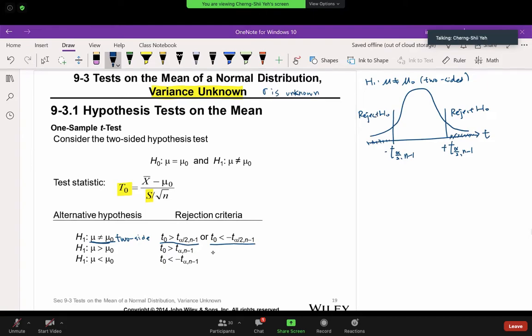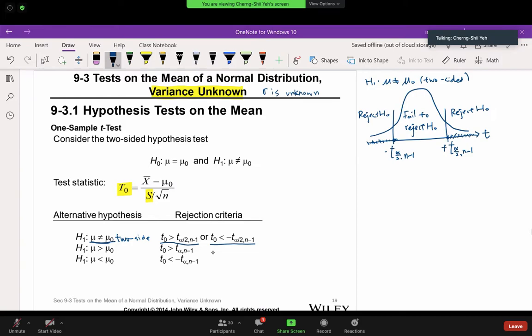And what happens if it falls between those two critical values of the confidence interval? We fail to reject. Okay, hopefully that puts it into perspective and you can understand it better.